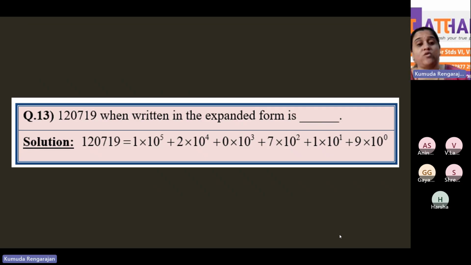This is the expanded form of a number. So this is 10 to the power 0, 10 to the power 1, 10 to the power 2, 10 to the power 3, 10 to the power 4, 10 to the power 5.